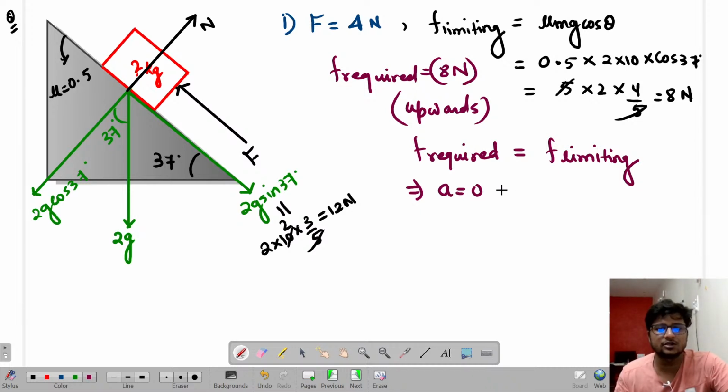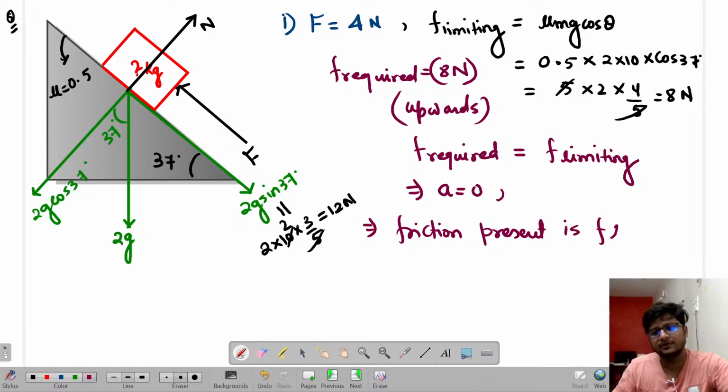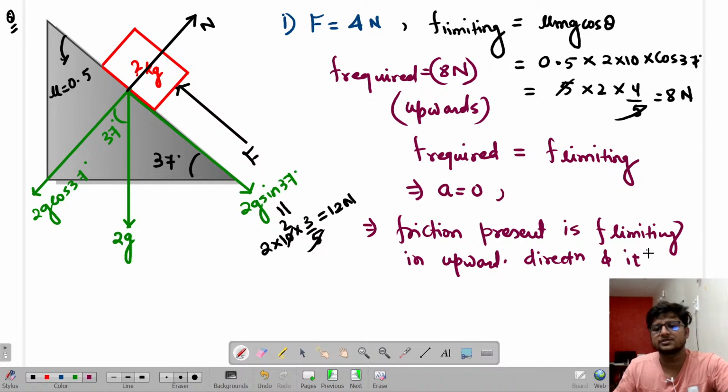And if acceleration is 0, what will happen? In the upward direction, the friction present is F limiting. I can write the conclusion as: friction present is F limiting in the upward direction, and its amount is 8 Newton.